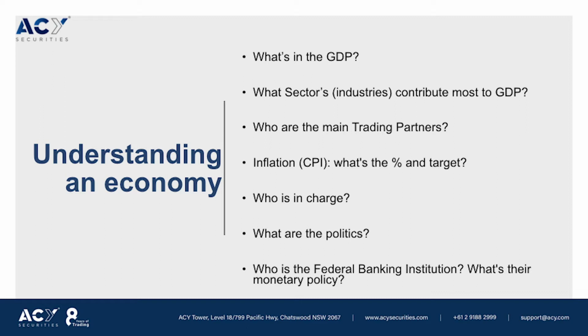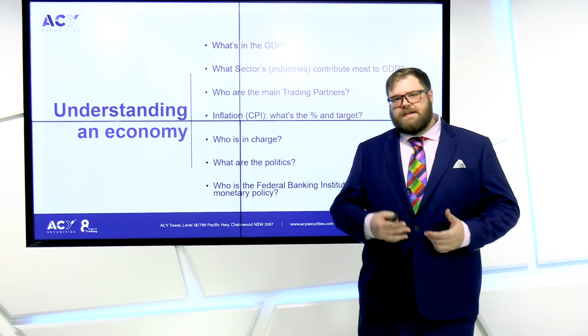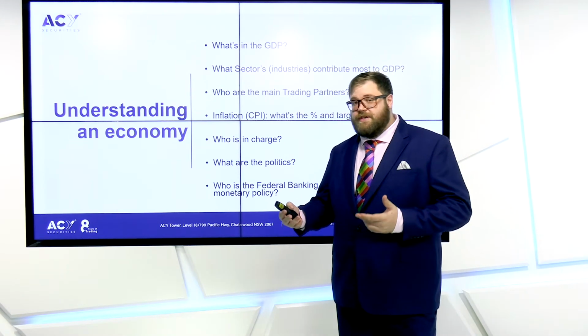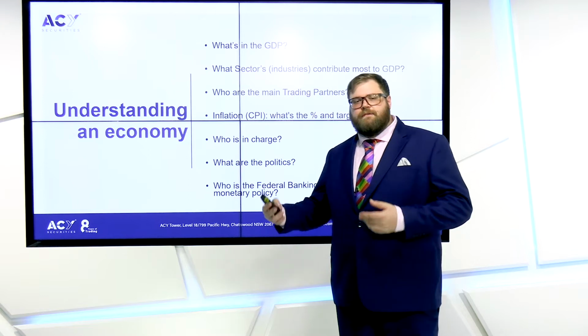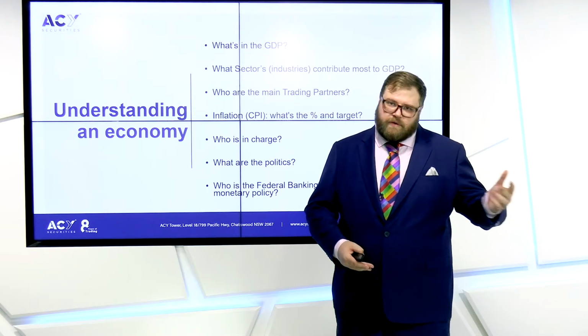If you take, for example, the New Zealand dollar and New Zealand itself, their GDP has a lot to do with dairy milk prices, 14% of it, because they export a large amount of dairy produce. So if we see a fluctuation in those dairy prices, it will ripple into their GDP, which in turn affects the value of the economy and the currency itself.